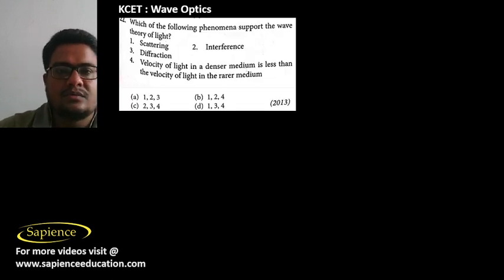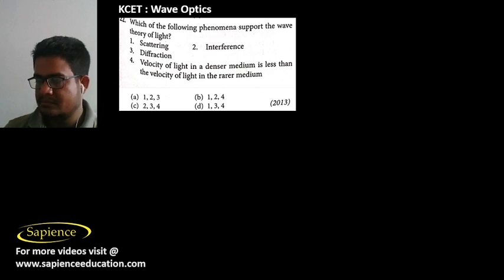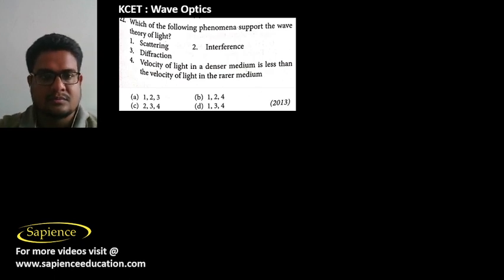Which of the following phenomena support the wave theory of light? Scattering, interference, diffraction, and the velocity of light in a denser medium being less than the velocity of light in the rarer medium.